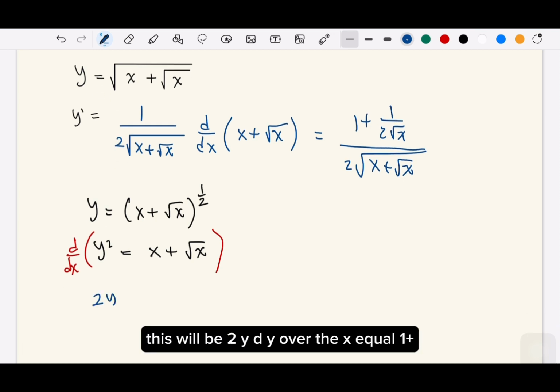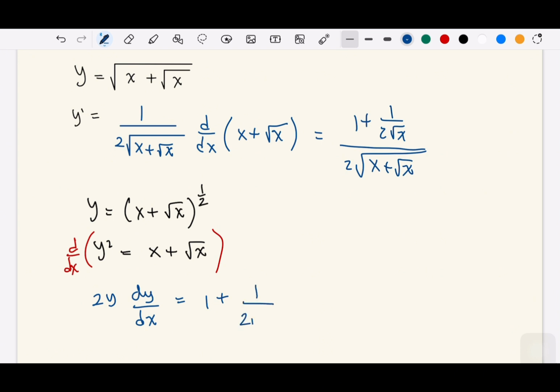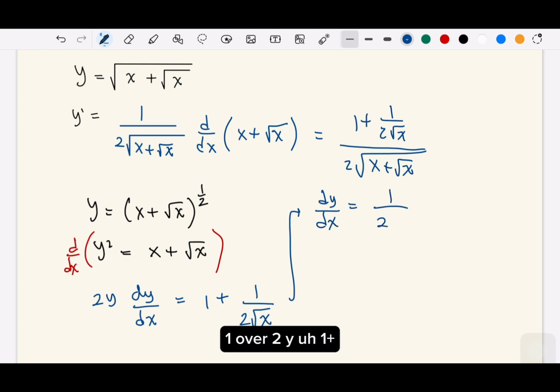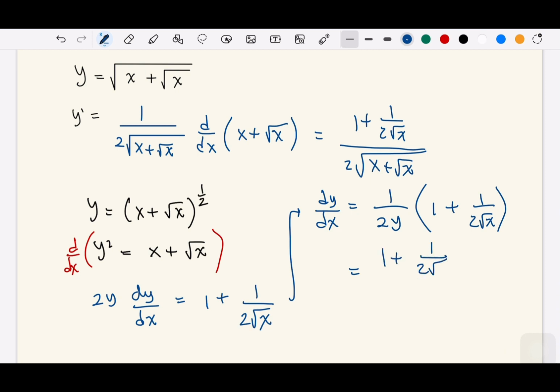This will be 2y dy over dx equal 1 plus, and then this will be 1 over 2y, 1 plus, or this will be 1 plus 2. Same, right?